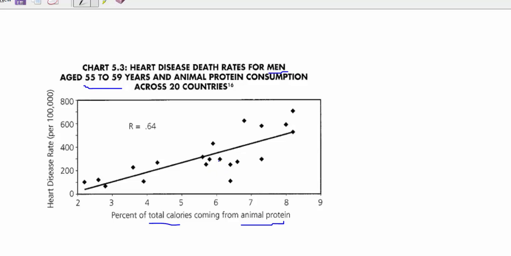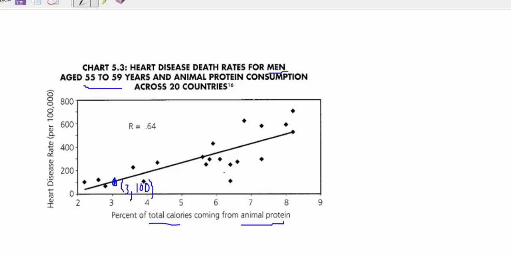We could also construct an algebraic equation, the equation of a line that might be very close to the pattern. So we could get 2 points. Here's the point where the x value is 3, and this looks like it's 100. So 3% of the calories, and that is 100 deaths due to heart disease.